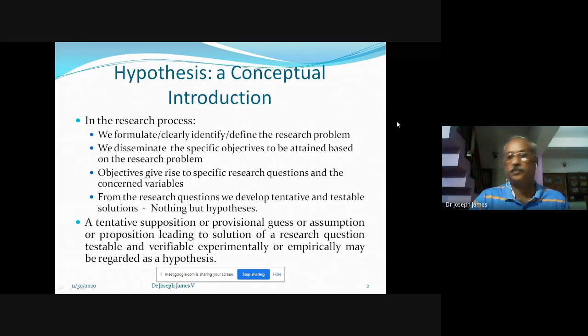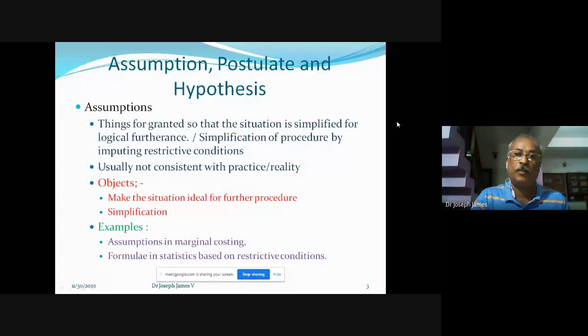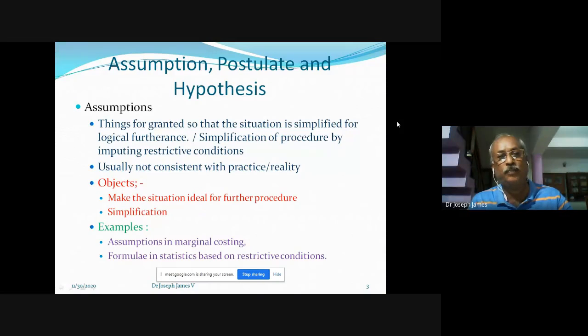See, I think I am too much technical by giving this sort of a definition, and we all might have seen this in any textbook on research methodology.